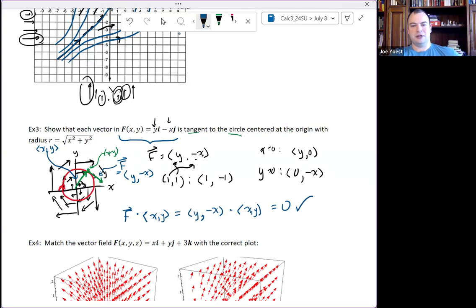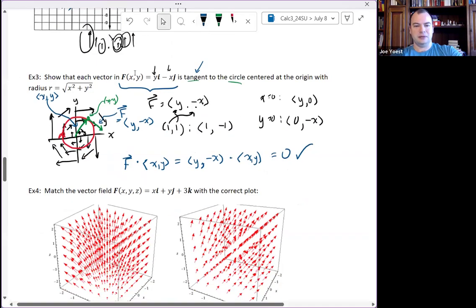So my vector field is tangent to all of those circles. And this confirms my suspicion that my little ping pong ball, if I drop it in here, will keep going around in a nice closed loop, which is in fact a circle. Any questions to this point?